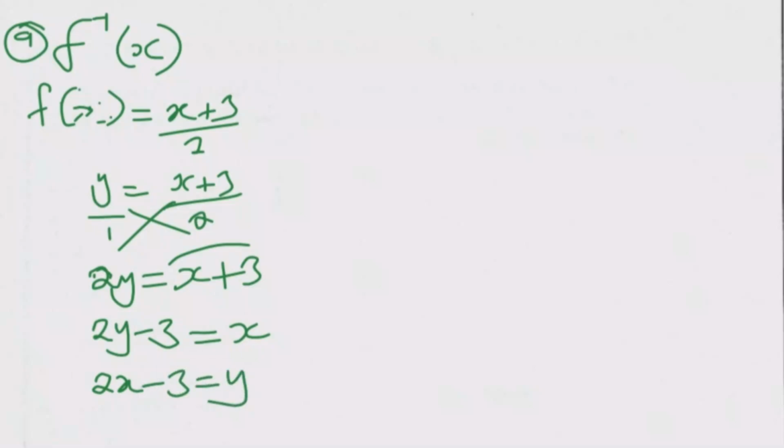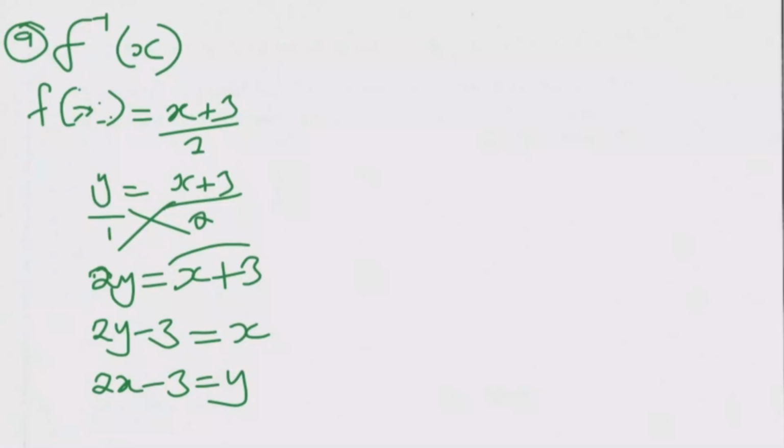Now remember, the reason I'm switching the sides is because I'm trying to find the inverse of the function that is given. So the inverse of f of x. Where there is y, I'm going to put the inverse.